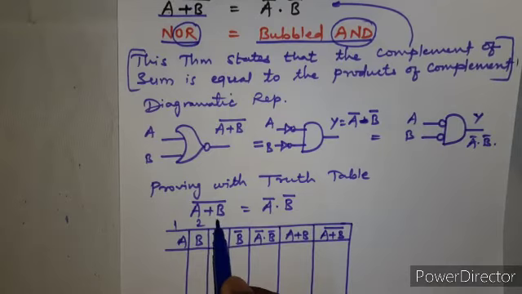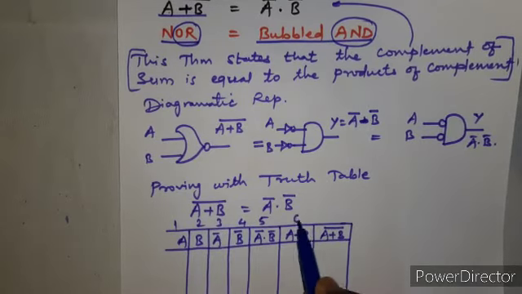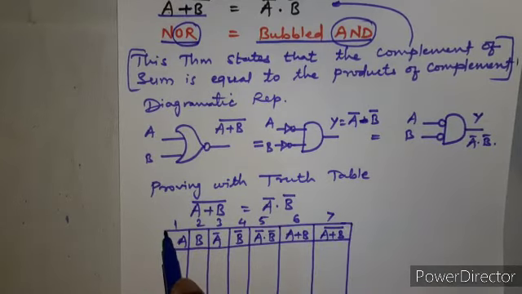So 1, 2, 3, 4, 5, 6, 7 columns. Perfect. In the previous also we had 7 columns for this.